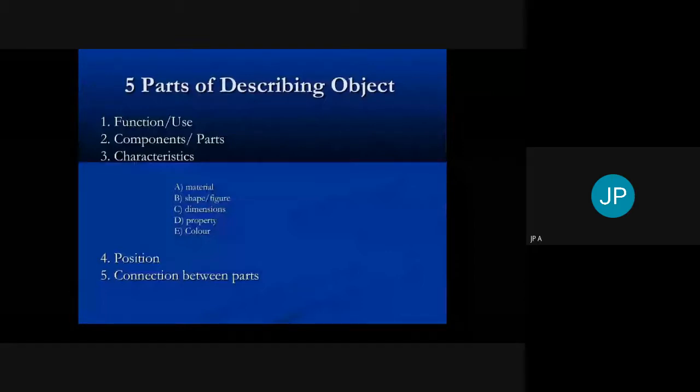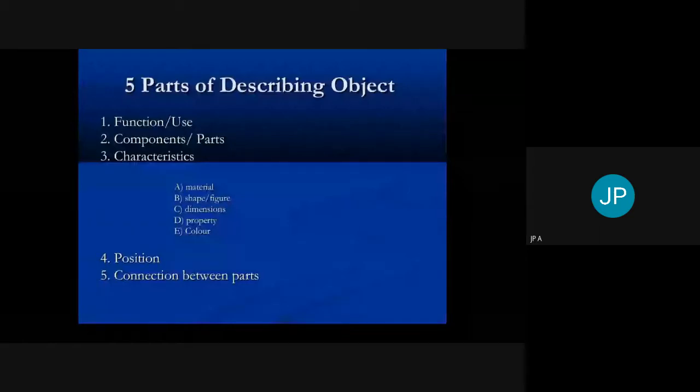If I talk about the computer, then I say that it is placed on a table. These are all related to the positions, how we describe an object. Then what can we say? Then we can talk about the connection between parts.